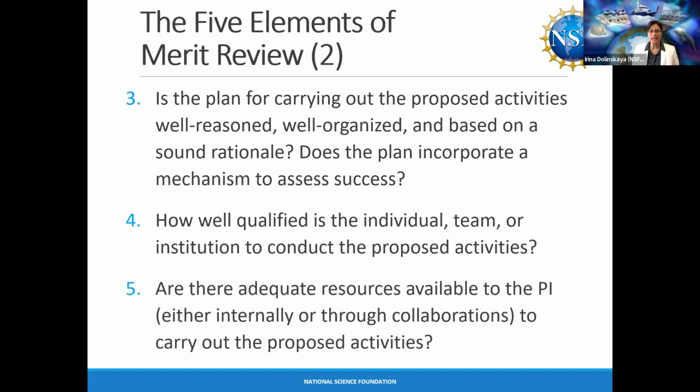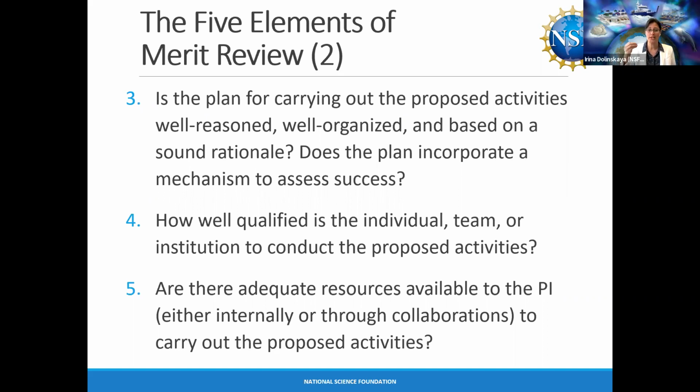And then the last one is, are there adequate resources available to the PI, either already existing in your institution, or through collaborations, or through requesting budget, to carry out the proposed activities? Again, you might have access to phenomenal facilities, but if they don't have anything to do with the proposed activity, it's irrelevant.